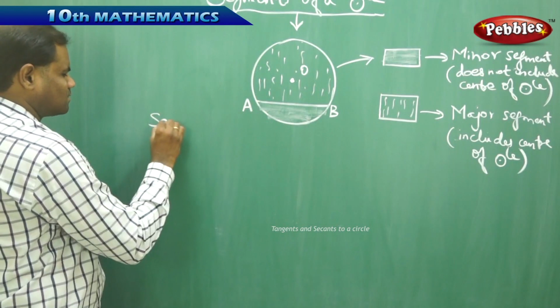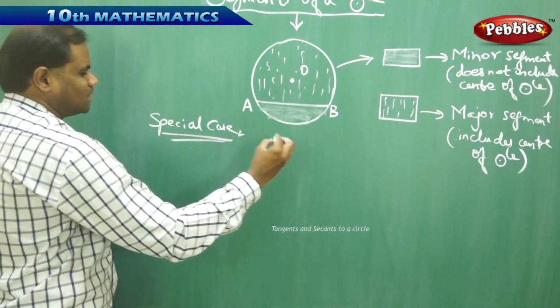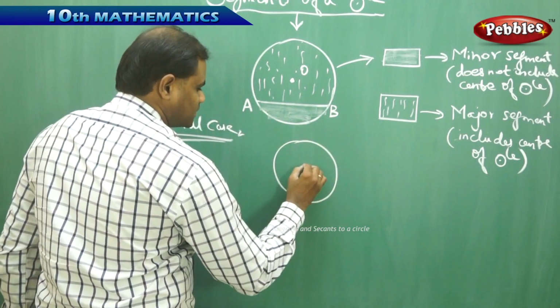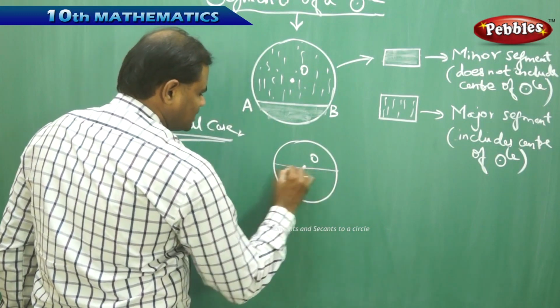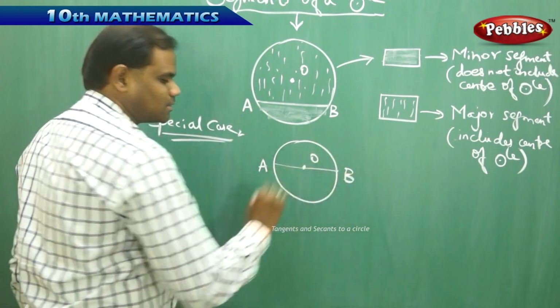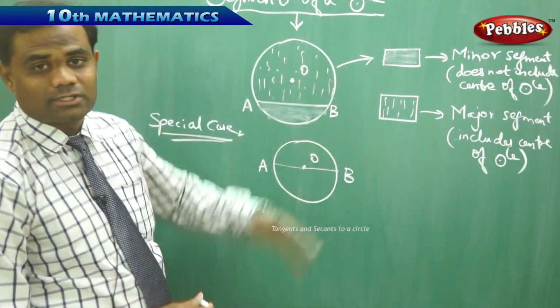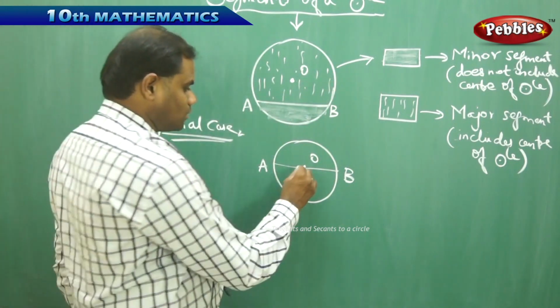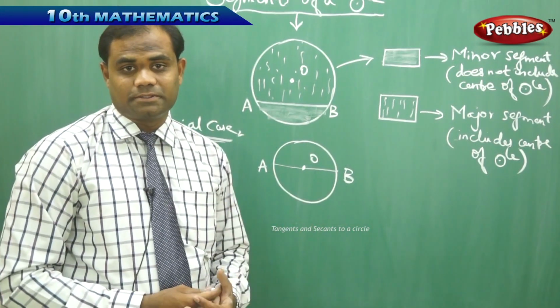What is the special case out here? If I have a circle with center O and if my chord AB is the diameter, then what happens? How do you define the segments for a chord which is reaching up to the center of the circle, or if the chord is the diameter, is the biggest question as a special case.